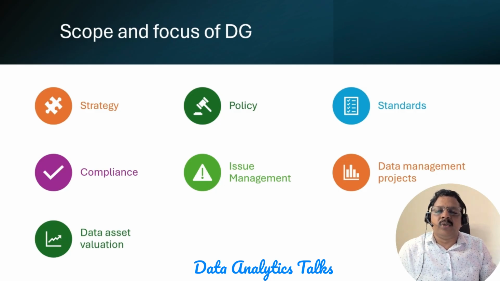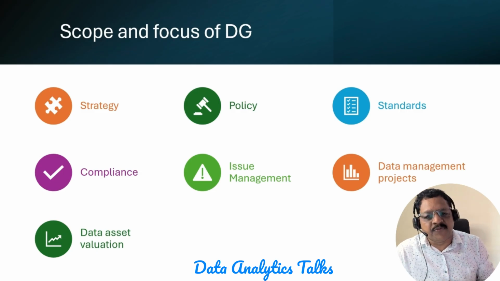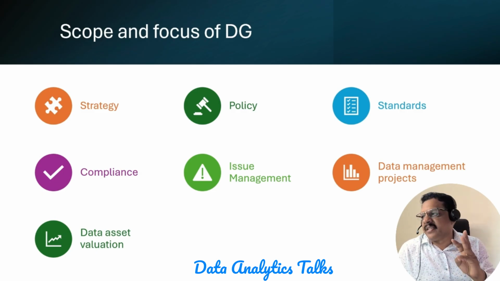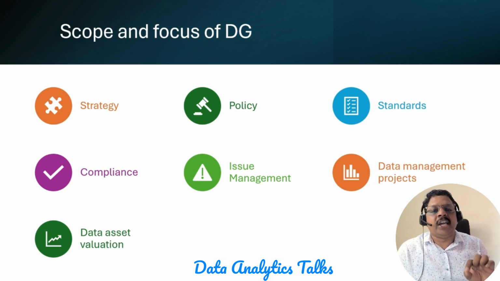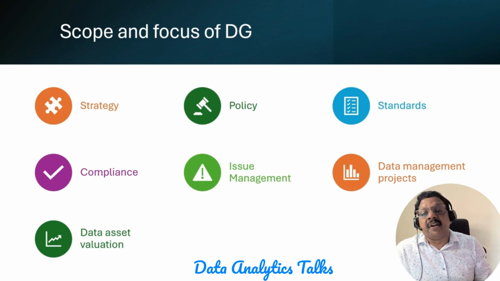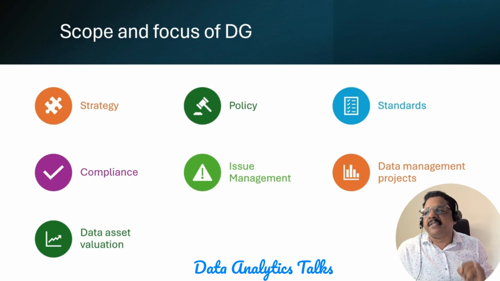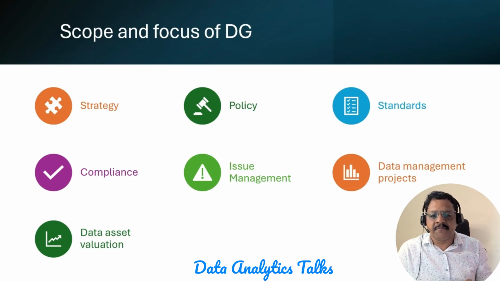Then let's look into the scope and focus of a particular data governance function. First is strategy. What do you mean with strategy? It's defining, communicating, and driving execution of data strategy and data governance strategy. Second is policy. It is setting and enforcing policies related to data and metadata lifecycle management.